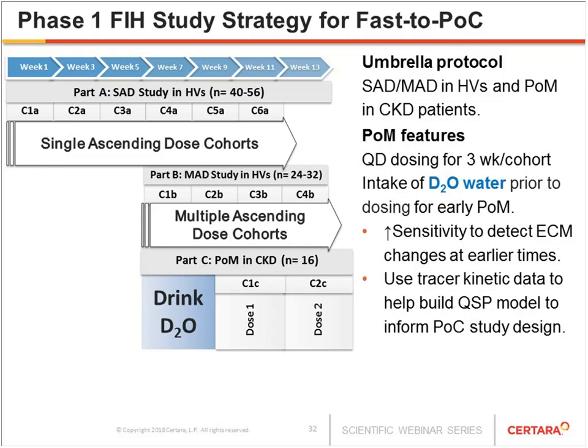Also, the ultimate goal of this exercise was to use the data generated from the tracer kinetic sub-study in the first-in-human to start building highly mechanistic models that would allow us then to inform dose selection for our proof of concept study.